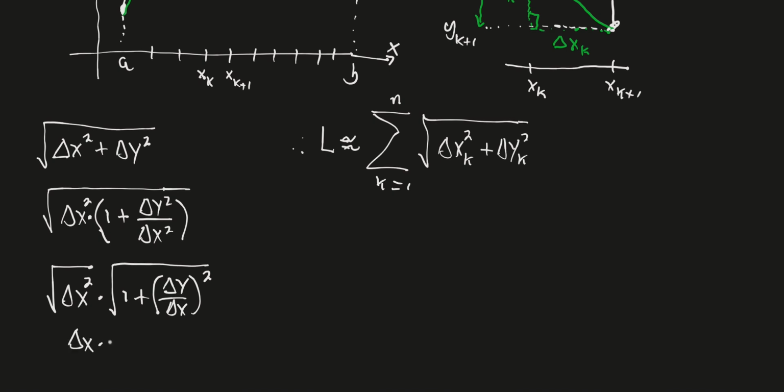So I have delta x times the square root of 1 plus delta y over delta x squared. So that's what I'm now going to write here, right? I'm going to replace this square root with this square root times delta x.